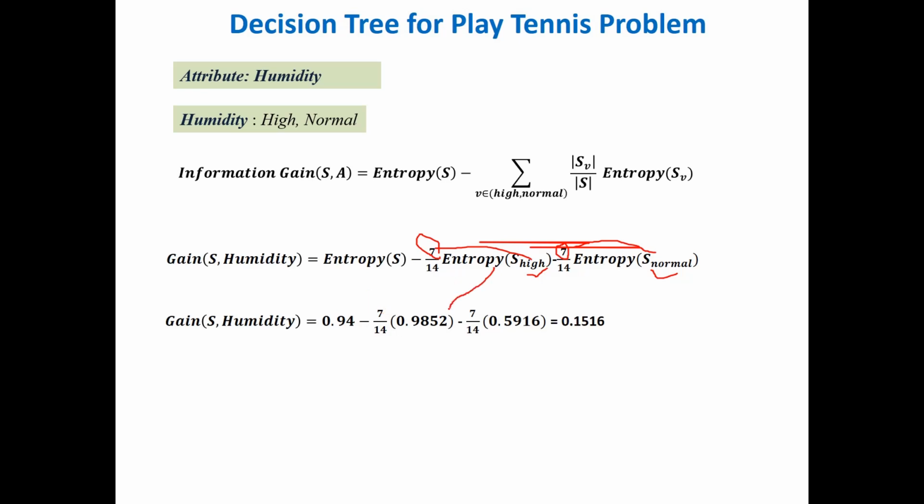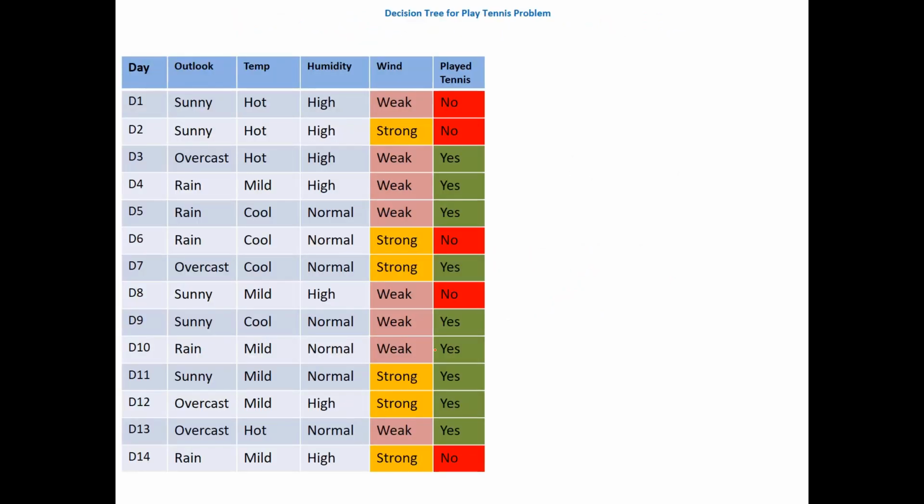Entropy of S high, it is 0.9852. Entropy of S normal, it is 0.5912. So gain, information gain of this humidity attribute over the whole data set, it is 0.1516. Now the last attribute we will consider, that is the wind variable.